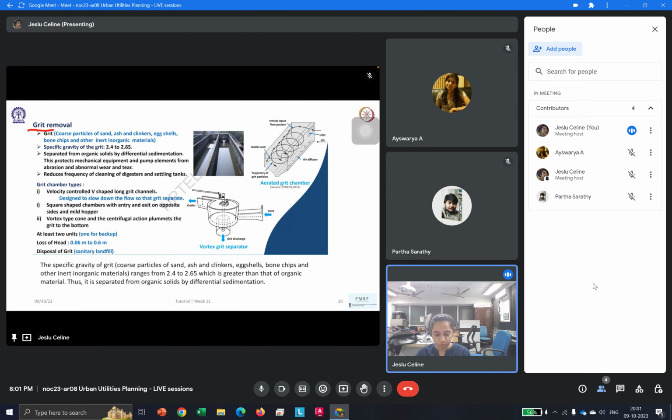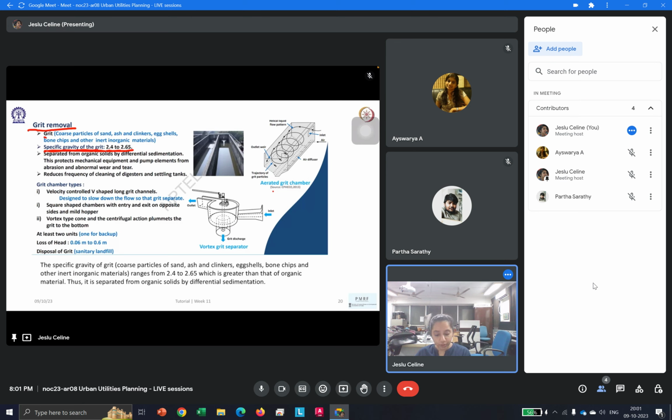So you've got the grit removal. What is grit again? Grit is any coarse element, and it will have impurities of different specific gravities. The specific gravity of grit can vary and is very different from normal water specific gravity, which means we can easily remove it. These are the aerated chambers which you have.